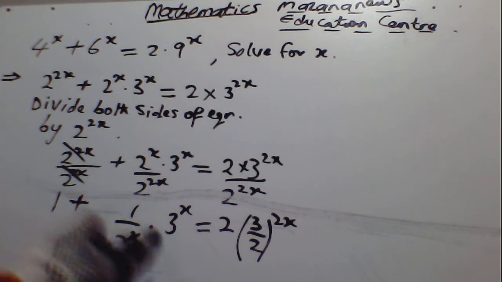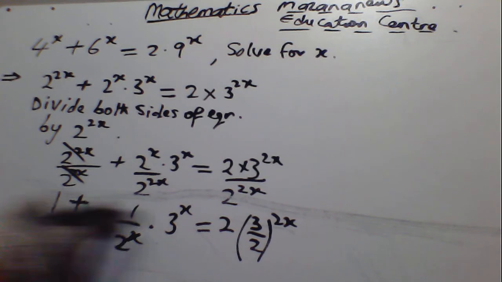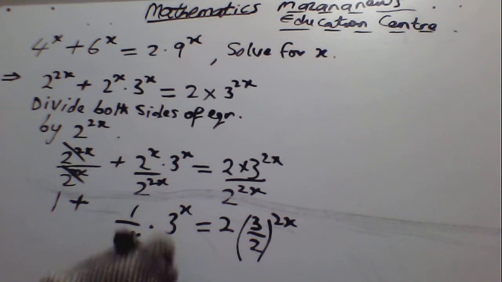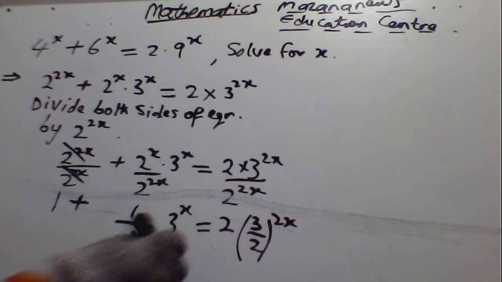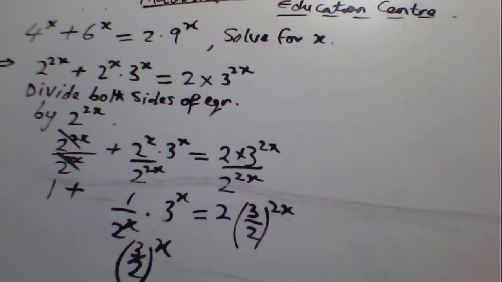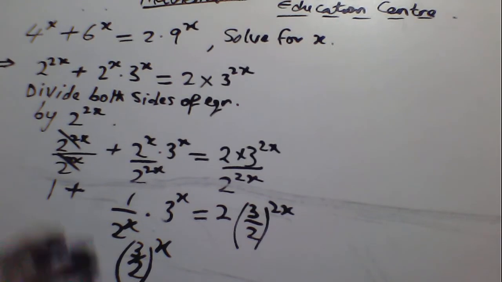So here we can join them. This I'm talking of here is the same as 3 over 2 raised to power x. So you can replace this with 3 over 2 raised to power x.